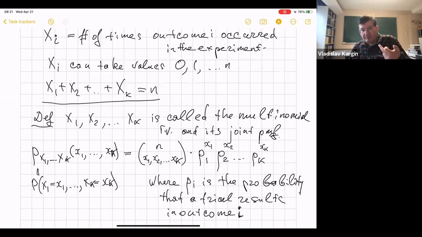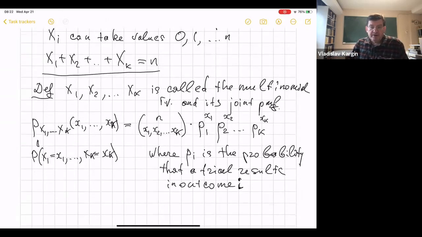In the previous example, there were two possible categories, success and failure, and two probabilities: p, the probability of a success, and 1 minus p, the probability of a failure. Here there will be k categories, more than that.